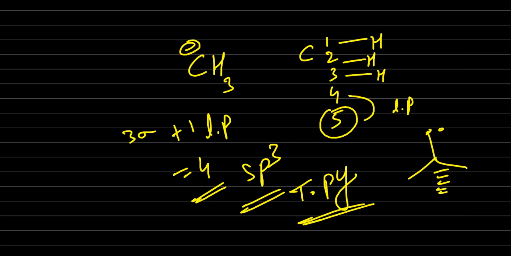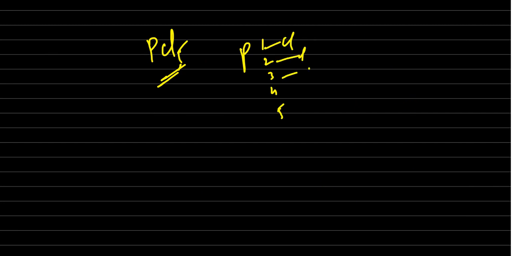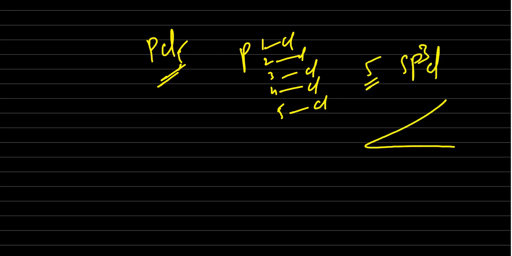Now one last example I will explain. PCl5. Phosphorus has 1, 2, 3, 4, 5, all sigma bonds. Total 5. 5 means sp3d, trigonal bipyramidal. Now suppose H2SO4, asking about sulfur.